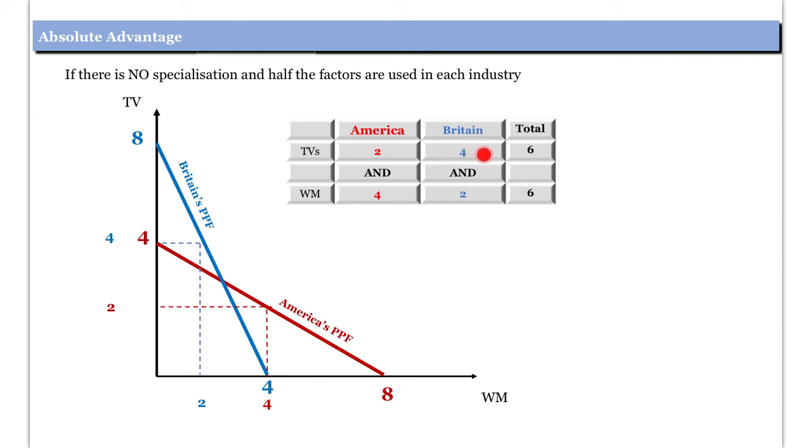Britain, same principle, can produce 4 televisions and 2 washing machines. In other words, here on the blue PPF, Britain could, instead of having 8 televisions, if all their factors were in televisions, produce 4 TVs and 2 washing machines. So overall, the total of televisions is 6, total washing machines is 6 if there is no specialization.